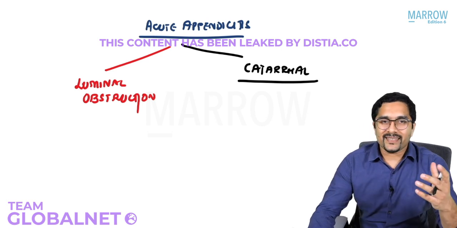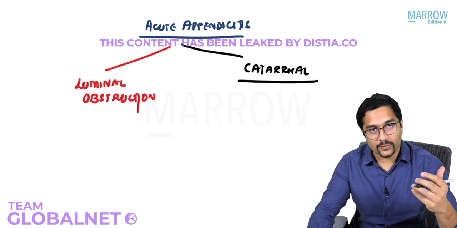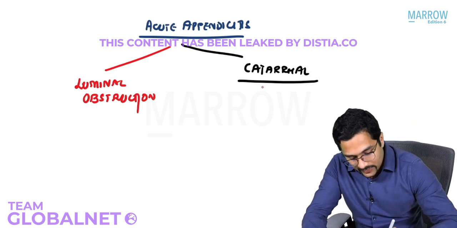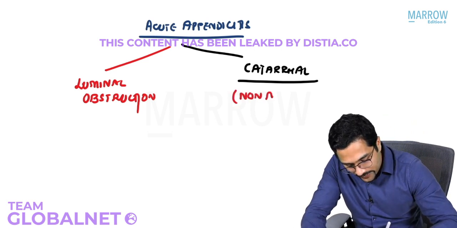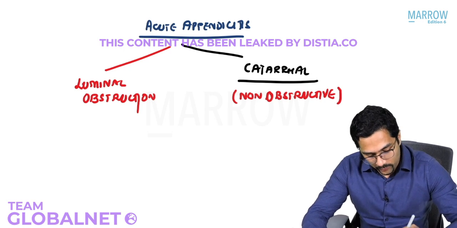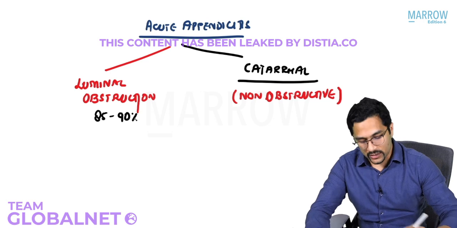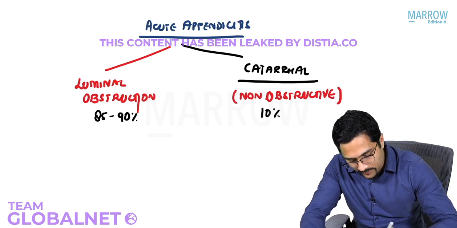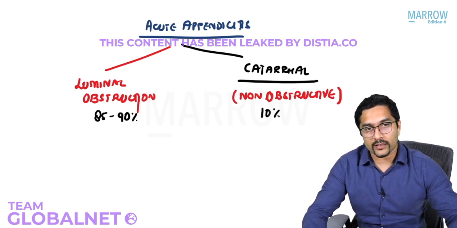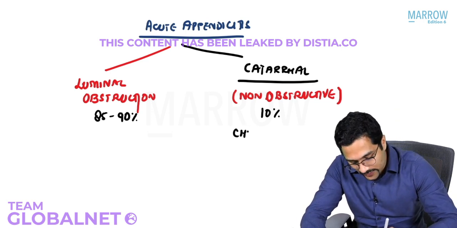So acute appendicitis can occur because of two main reasons. One is secondary to luminal obstruction, and the other one is catarrhal or non-obstructive appendicitis. Right? Now, almost 85 to 90% of the times it is due to luminal obstruction, whereas only 10% of the times it is catarrhal or non-obstructive appendicitis. And this catarrhal or non-obstructive appendicitis is usually seen in children.